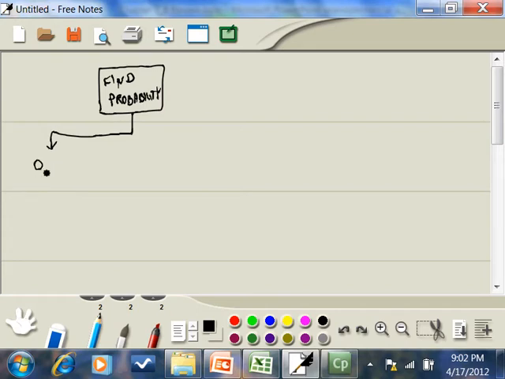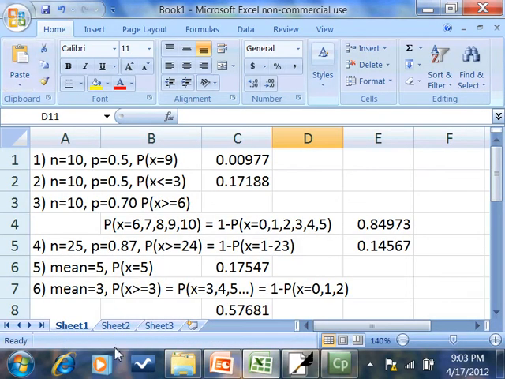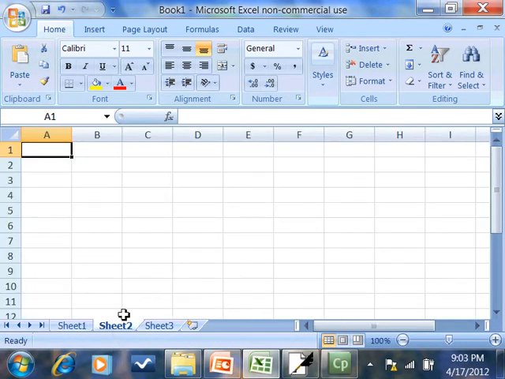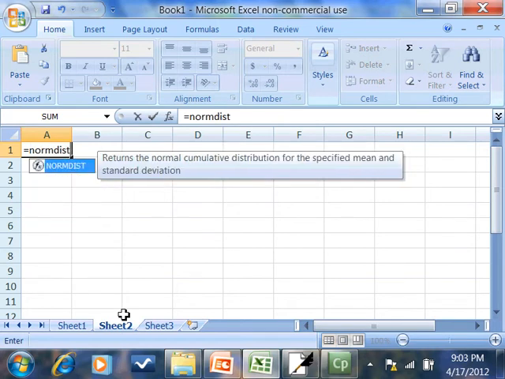The first one that we have is where we have one whatever. Remember, for our normal distribution, we're going to do NORM.DIST.